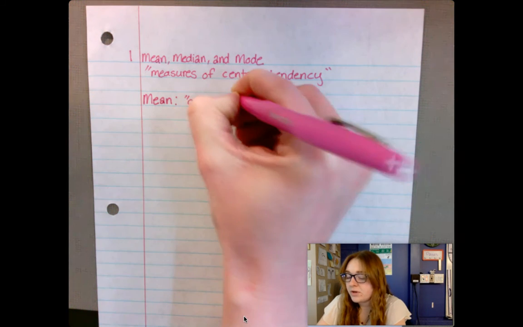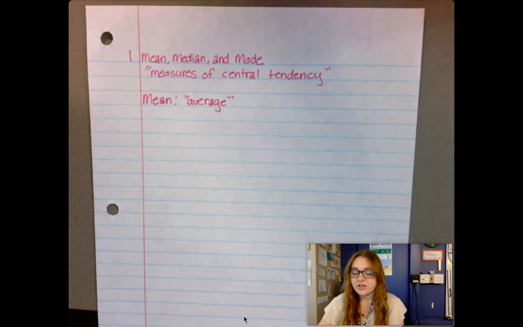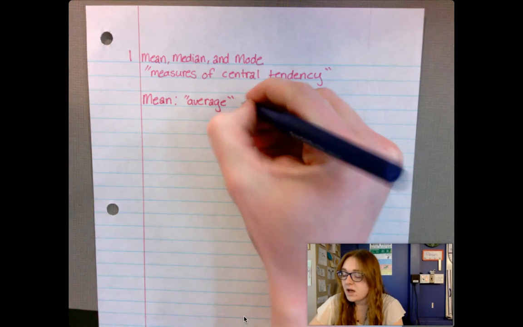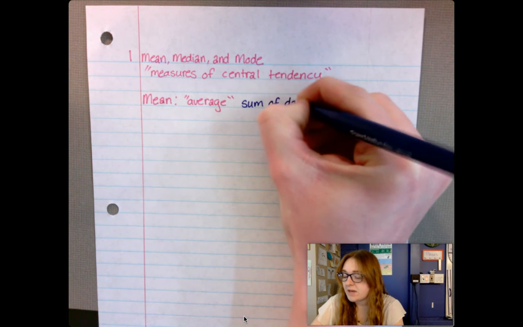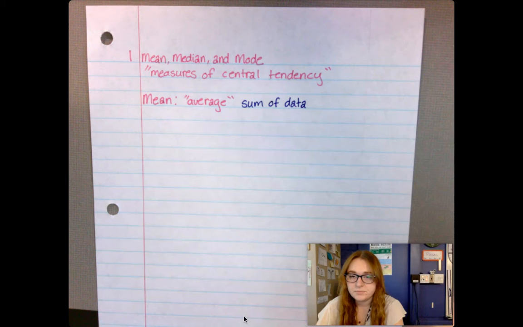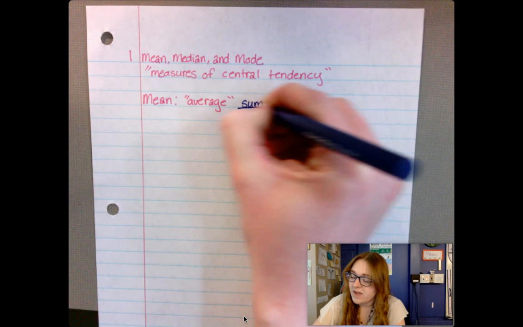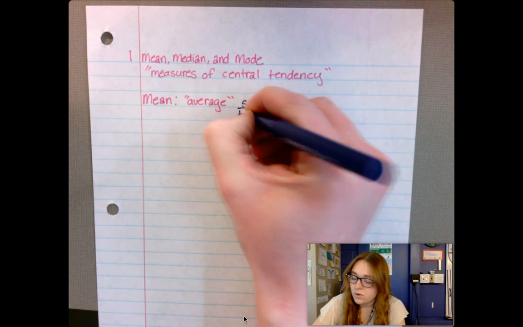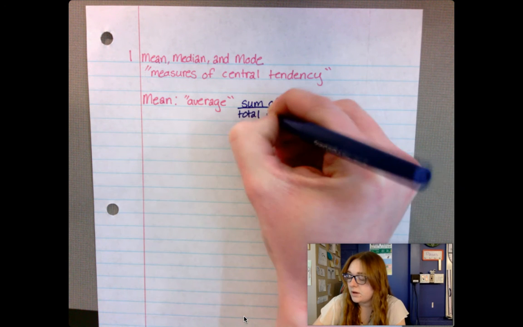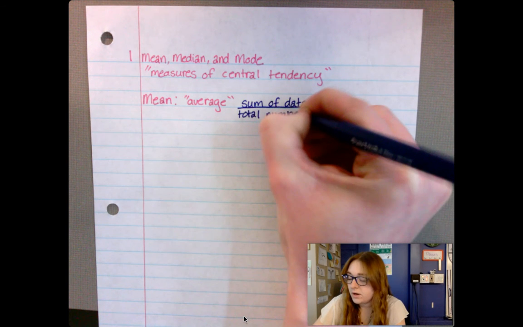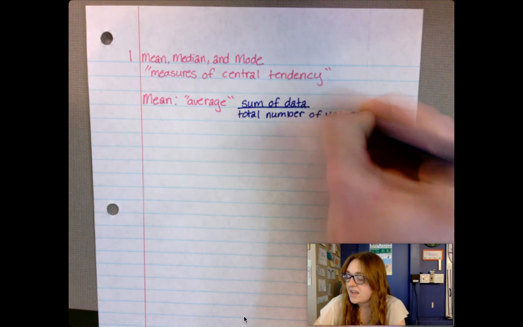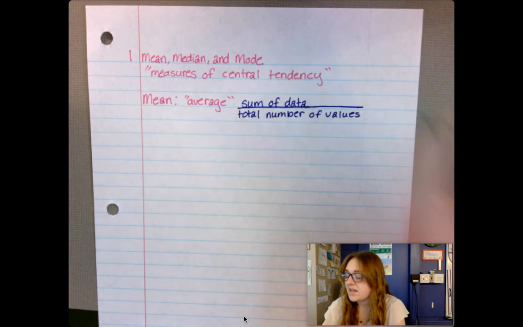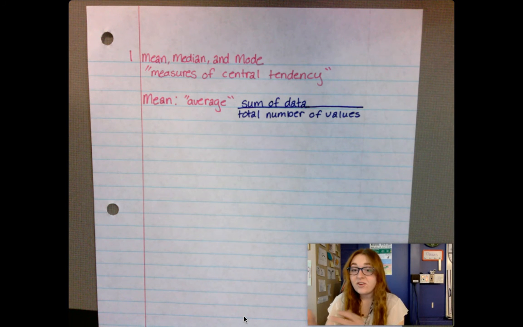And the way that we are going to find this average is by taking the sum of our data, which means we're going to add up all of the numbers, and we are going to divide it by the total number of values. So if I give you 8 values in a set of data, then we would divide everything that we add together by 8.